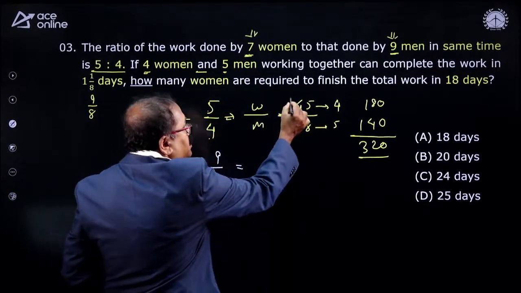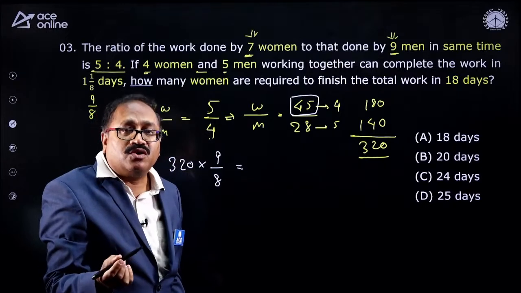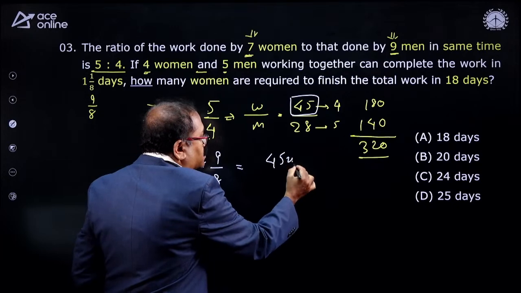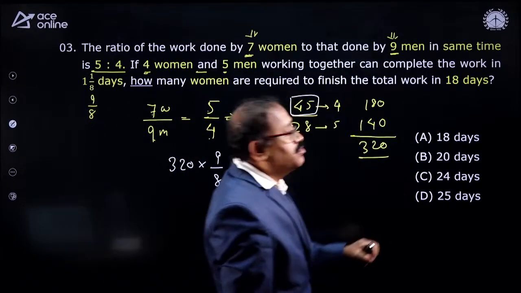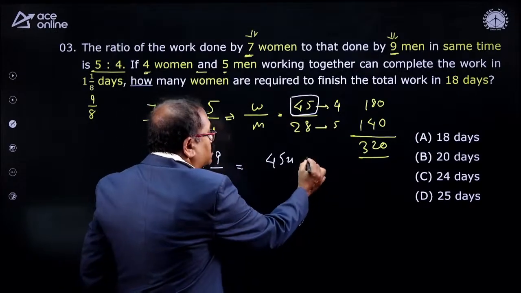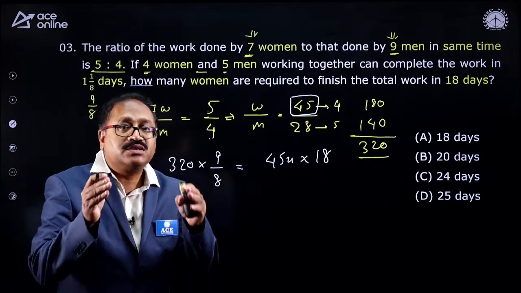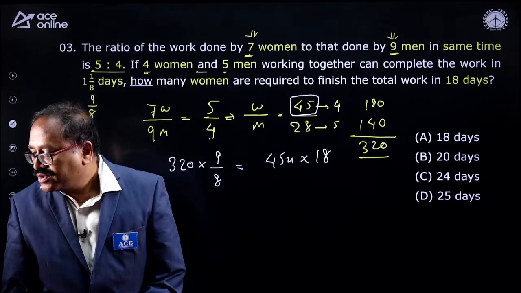Women's efficiency is 45. Let's assume x women. So this is 45 into x, and they should complete the work in 18 days, so into 18. I will get the x value, that is the number of women.